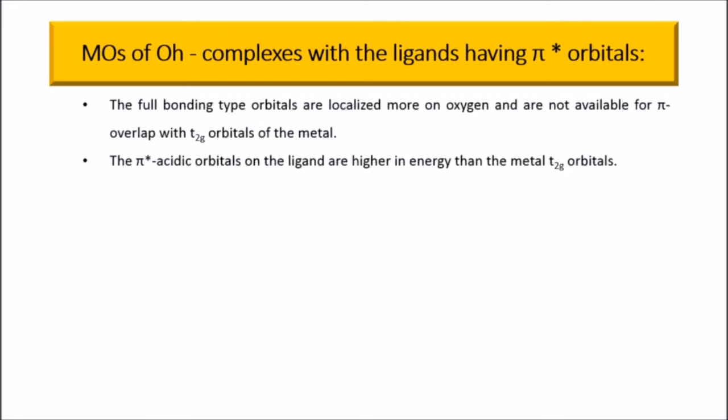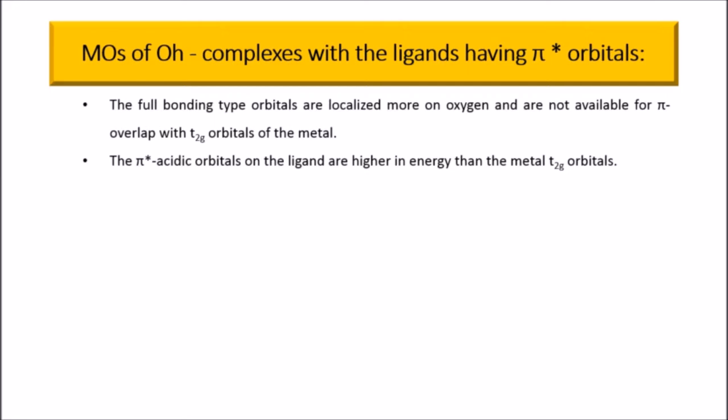The pi star acidic orbitals on the ligands are higher in energy than the metal t2g orbital. The pi star acidic orbital of the ligand that is shifted on the carbon, if we discuss carbon monoxide as an example, has energy a little higher than the t2g orbital of the metal.